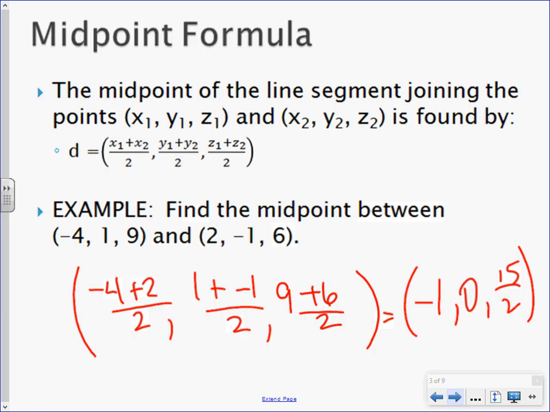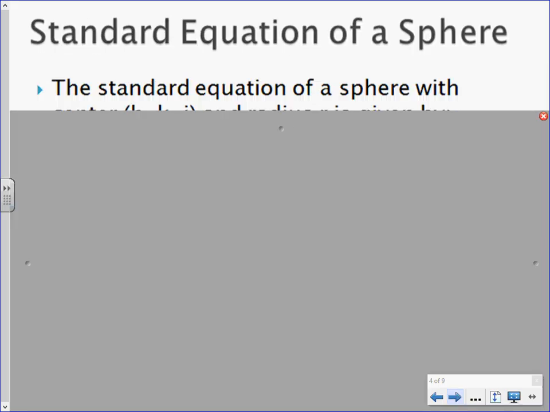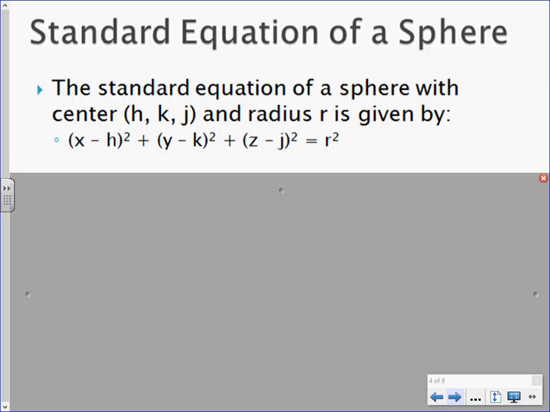So the equation of a sphere is going to look very similar to that of a circle in 2D, but in 3 dimensions we're going to have a z. Okay, so now we have a z minus j, the quantity squared, so we can identify the center as h, k, j. And this is still radius squared. A lot of people want it to be radius cubed, but it is still radius squared, right?